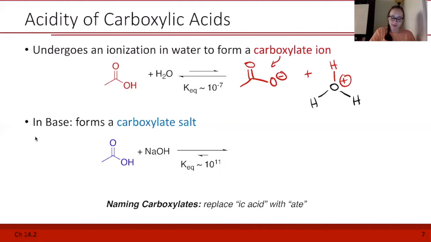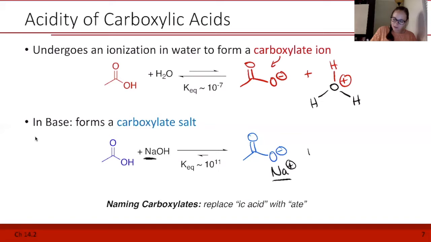So you will make a carboxylate salt out of that. What that means is we're going to have that same ion, but now it will have a counter ion associated with it. So you see how I have sodium here in the base. So now I have a sodium carboxylate salt.